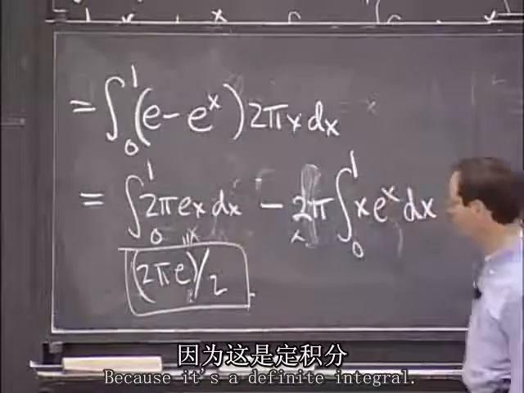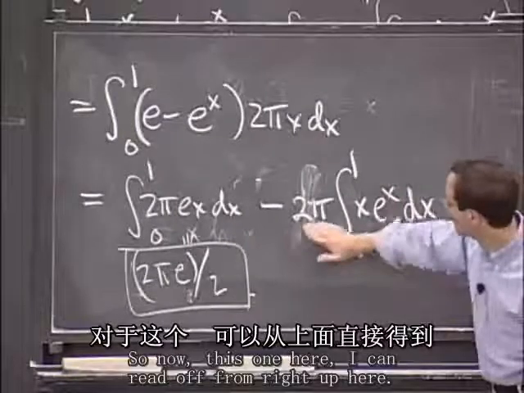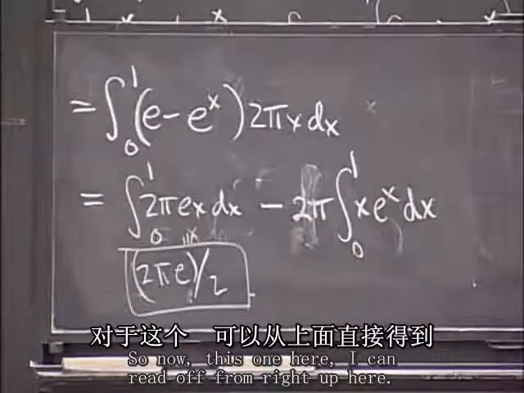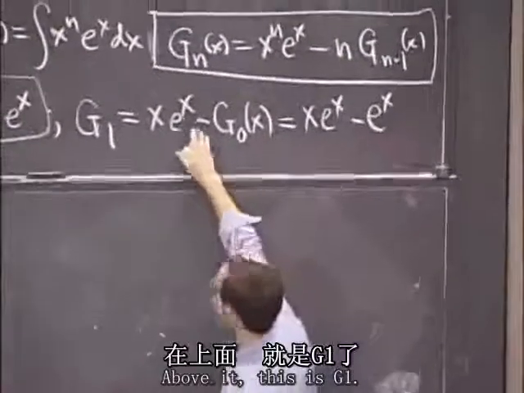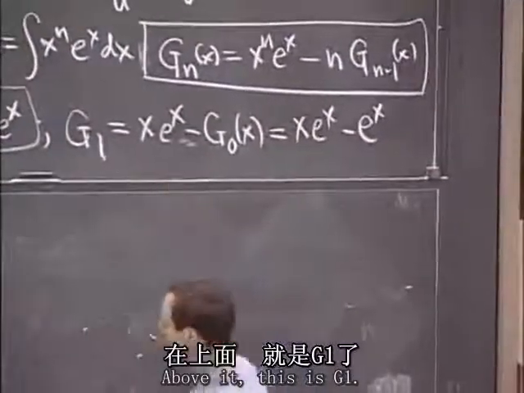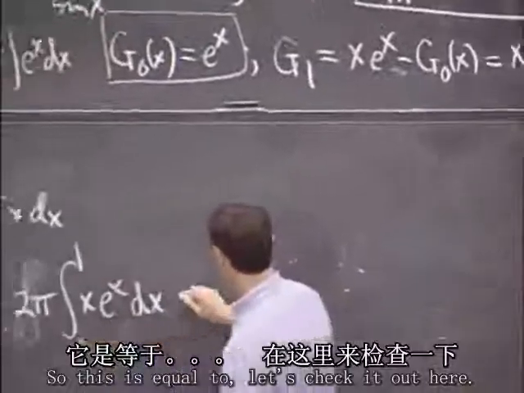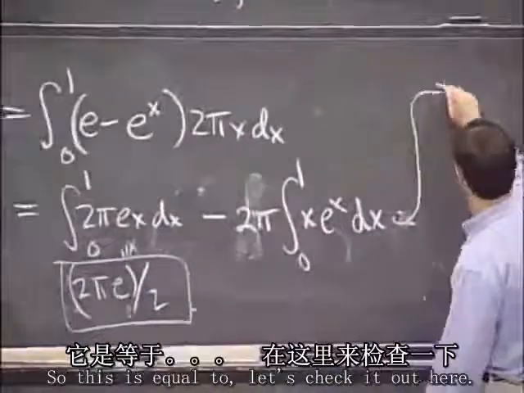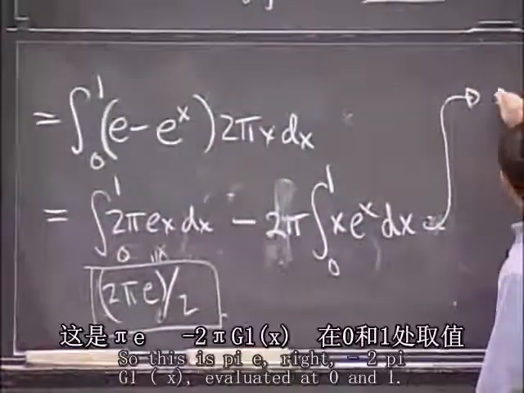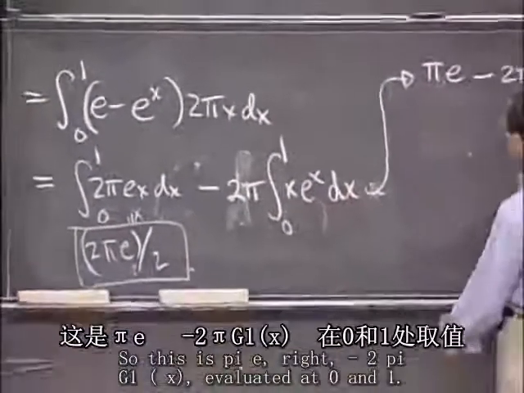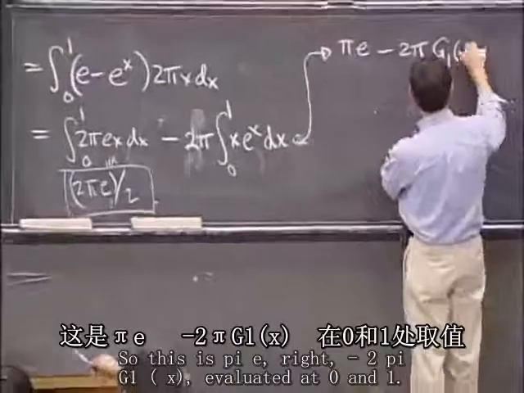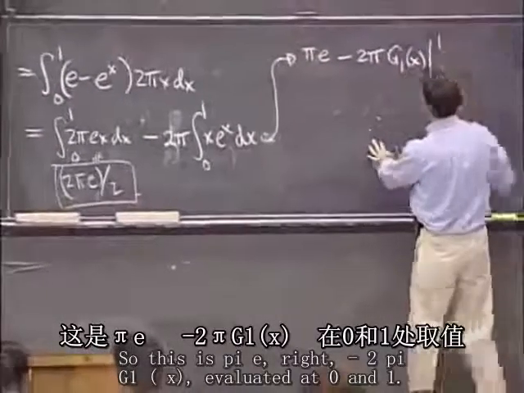Yeah. Now. All right. So now this one here I can read off from right up here above it. This is G1, right? So this is equal to, let's check it out here. So this is pi e, right, minus 2 pi times G1 of x evaluated at 0 and 1.